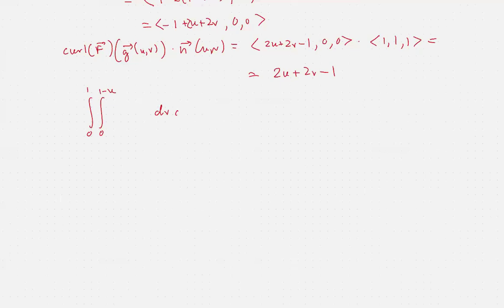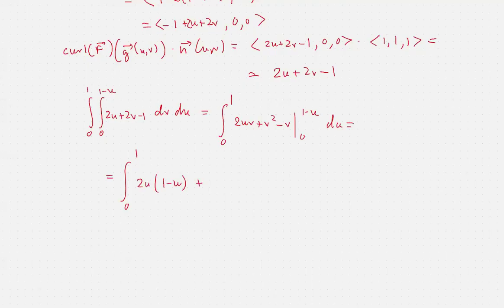What do we get here? We get the integral of 2uv plus v squared minus v from 0 to 1 minus u. So this is from 0 to 1, 2u times (1 minus u) plus (1 minus u) squared minus (1 minus u).